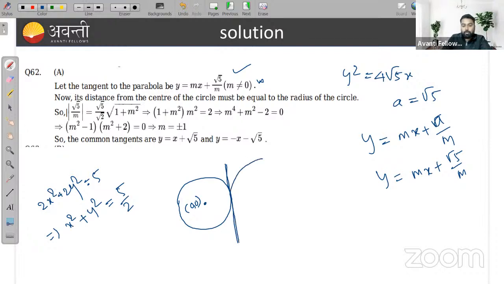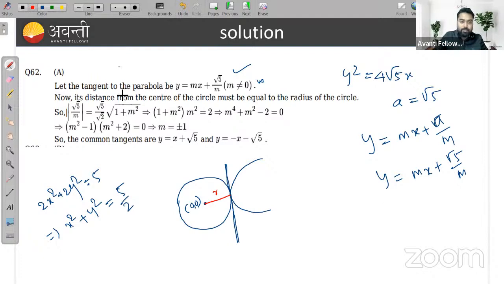Suppose this is my parabola. So what we are saying is, its distance from the center of the circle must be equal to the radius of the circle. That means the distance from the center to the tangent is equal to the radius of the circle.